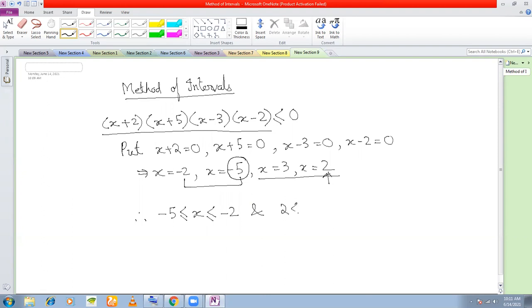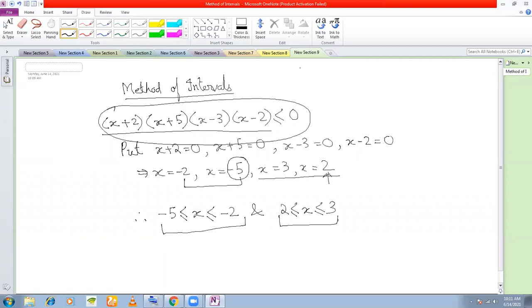So that means x must also lie between 2 and 3. So what are the solutions of this x? x can lie between minus 5 and minus 2, and x can also lie between 2 and 3. So this is the solution of this inequality. Is that clear to all of you, or do you need this to be explained? Okay, so I hope this is clear.